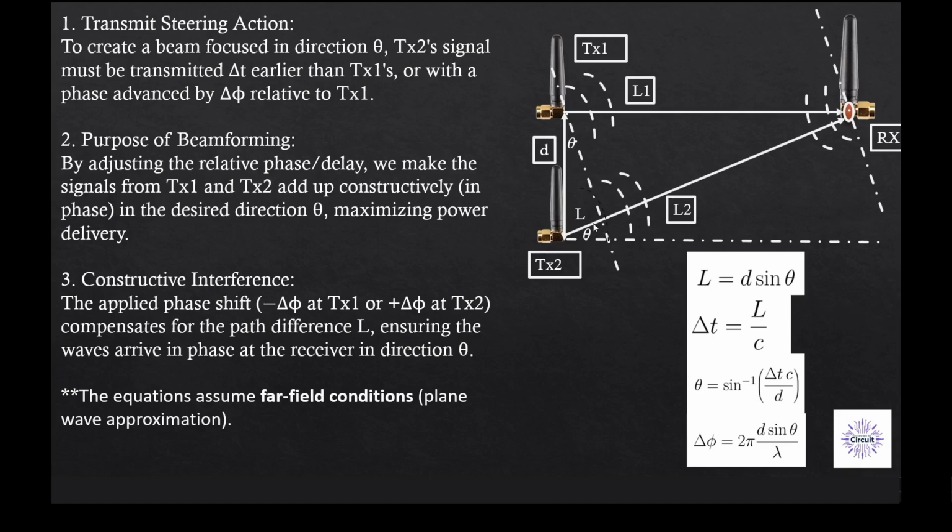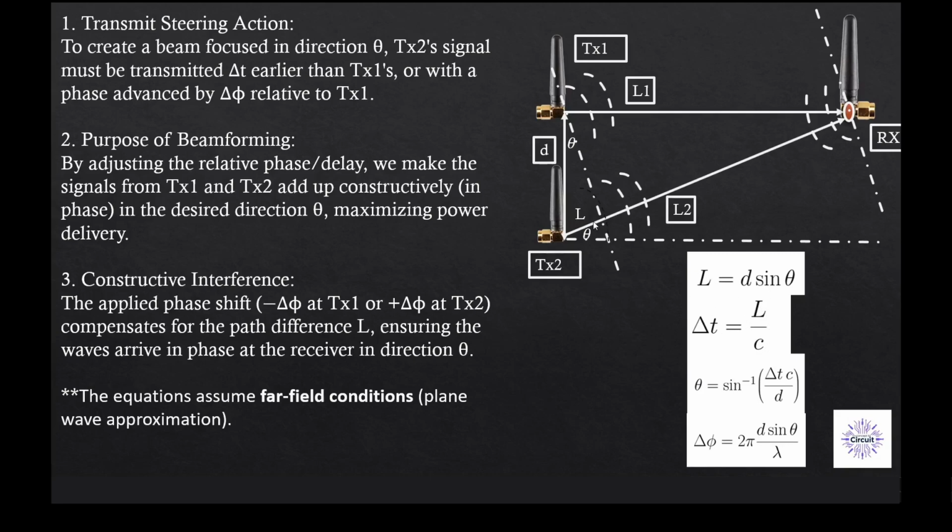And basically, I just need to find out how much L is in terms of time, so that I delay my TX1 by that amount, or fire TX2 delta t sooner, so that as the waves are traveling, when they arrive at the RX, they add constructively.